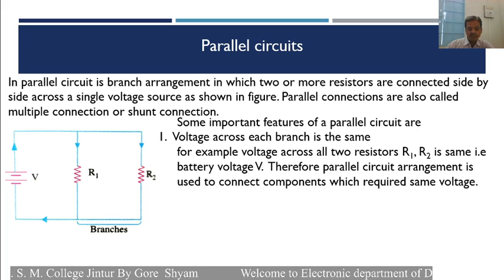If we want the same voltage across the components, then such a circuit arrangement is used, that is the parallel circuit. This is the first feature of the parallel circuit.